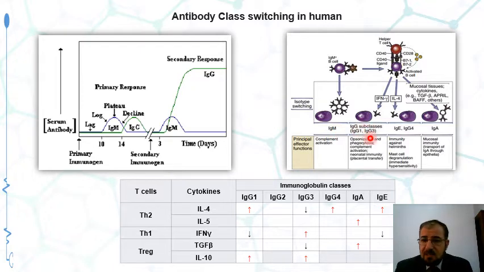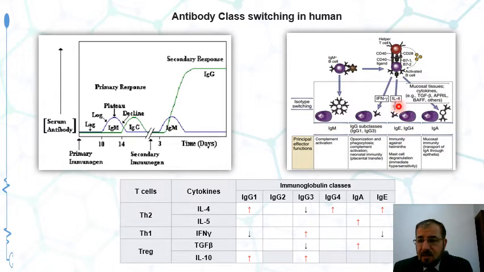Those IgG subclasses will do many functions, for example, opsonization, enhancing phagocytosis, complement fixation or activation, and neonatal immunity, because the IgG subclasses are the only isotypes of antibodies that can cross the placenta.